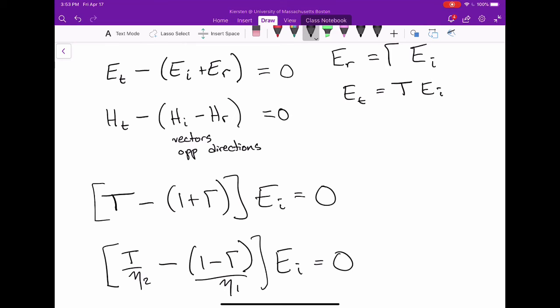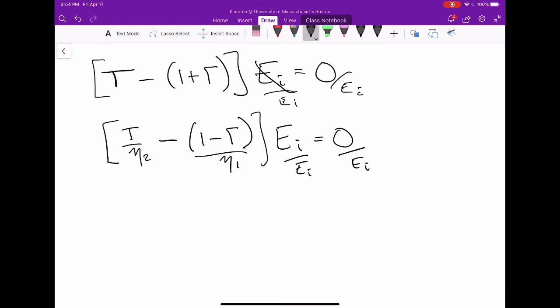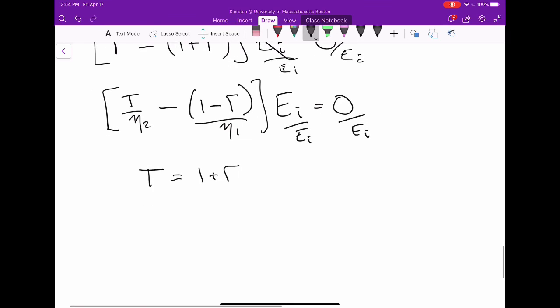Canceling out the electric field by just dividing through on either side, we end up with the result that the transmission coefficient is 1 plus the reflection coefficient. So far, so good. And then on the other hand, we have that transmission coefficient, so 1 plus gamma over eta 2 minus 1 minus gamma over eta 1 is equal to 0.